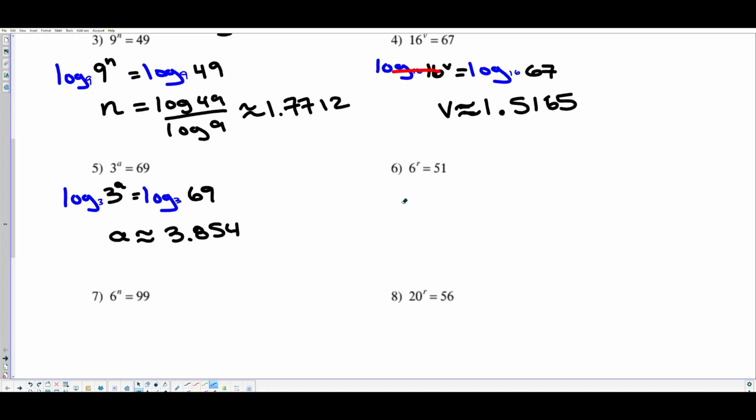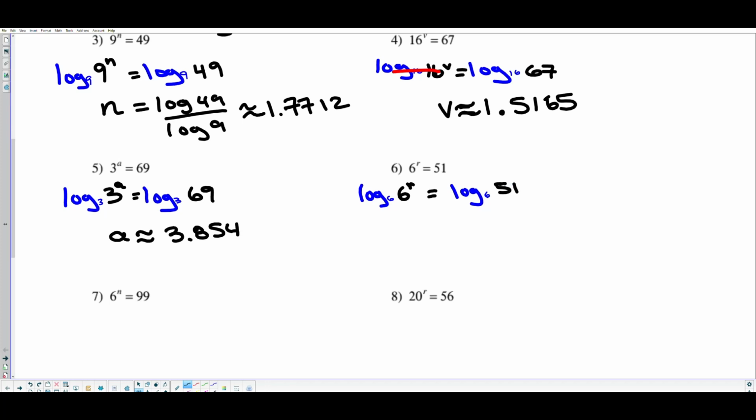Okay, next one. This is going to be log both sides, and you have a choice of log base 6 or log base 51. I'm going to go with log base 6, which is the only way I can release that r from the exponent. So log base 6 of both sides of 6 to the r power equals log base 6 of 51.